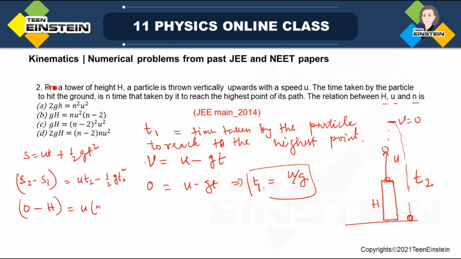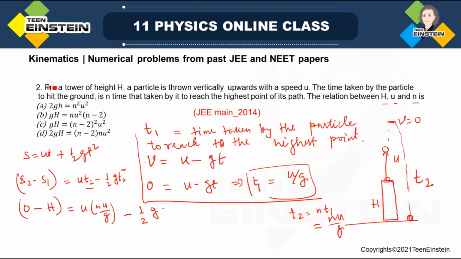T1 means u by g, which I have already calculated. T2 is equal to n into t1, that means n u by g. So that is what I'm just putting here now: half g n u by g whole square. So this is what we have.